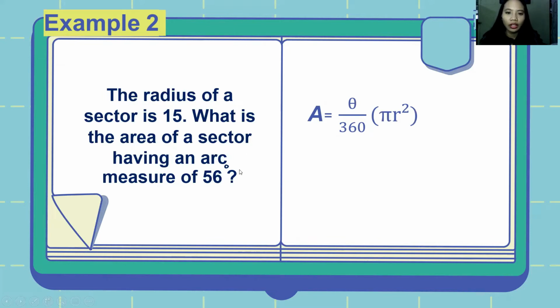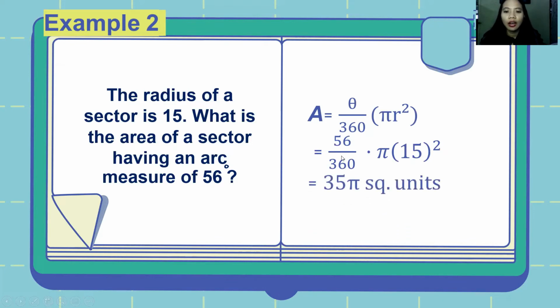Given that theta is 56 over 360 degrees times pi times 15 squared, since the radius of the circle is 15. So 56 divided by 360 times pi times 15 squared is equal to 35 pi square units.